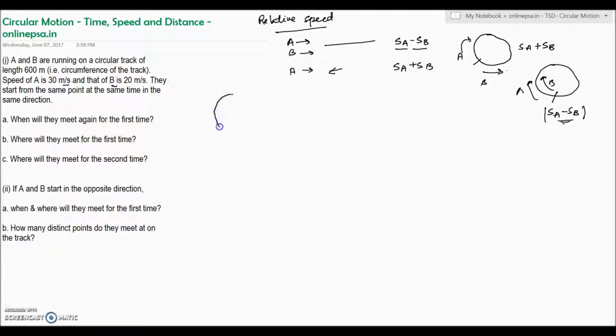So let us draw that circle. Okay, this entire track is of length 600 meter. It is given in the question. A and B start off from the same point and in the same direction.